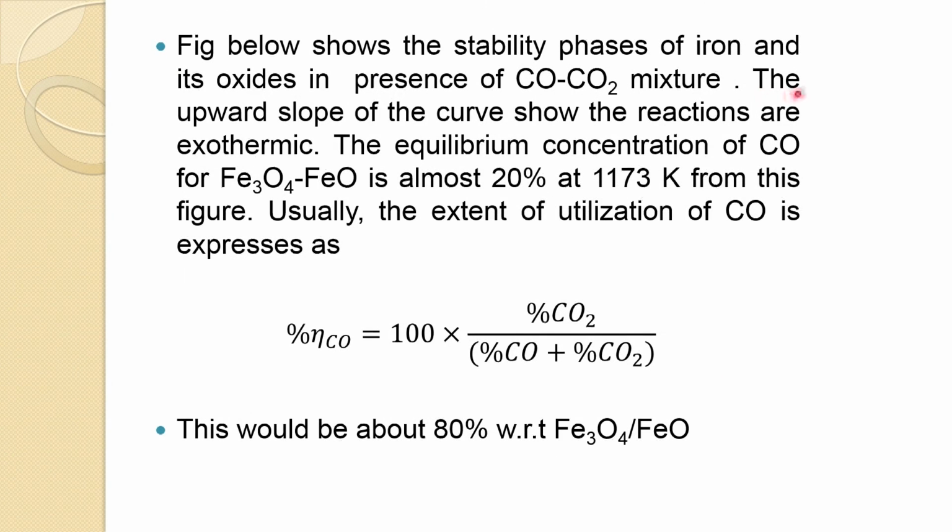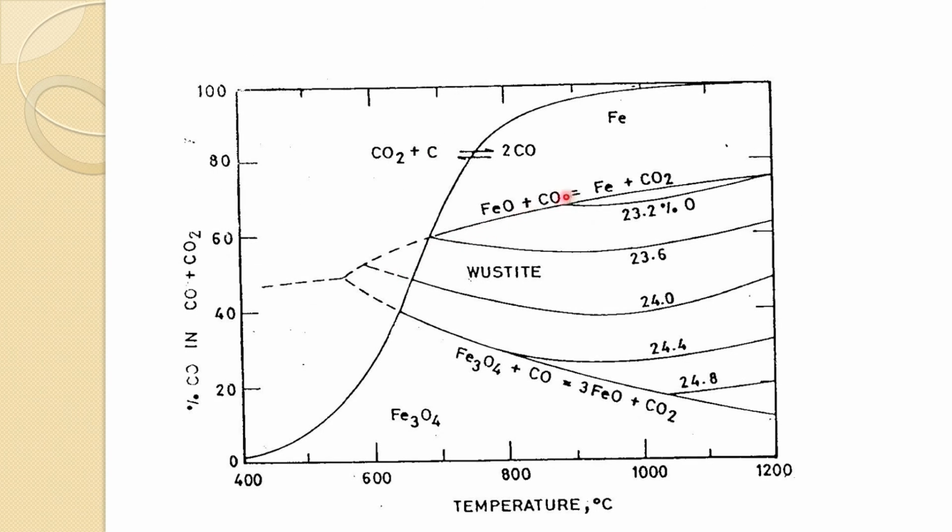Now, in the curve, the upward slope of the curve shows the reactions are exothermic. So, you remember this is the upward one, these reactions are exothermic, and we found one is endothermic, which is the downward one.